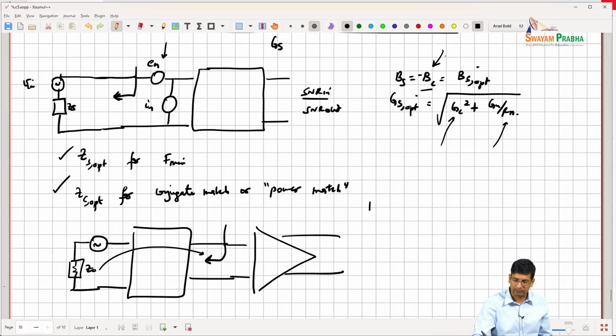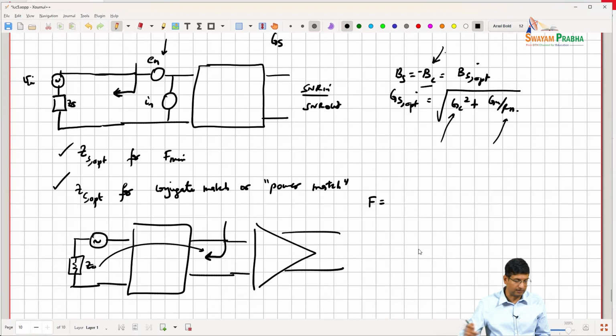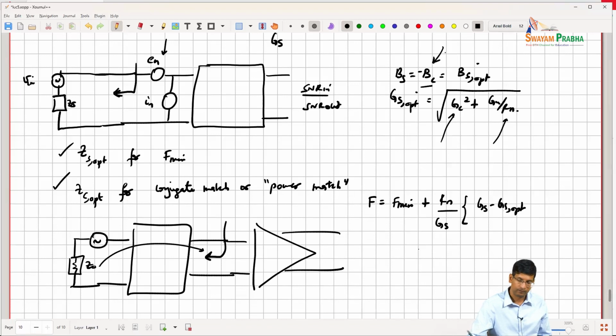One way to think about it is that we can express the noise factor, this equation, in terms of F min, which is the optimum lowest noise factor that you can get, times Rn over Gs, times (Gs minus Gs opt) plus (Bs minus Bs opt) squared, right?